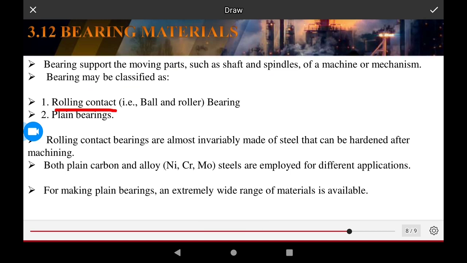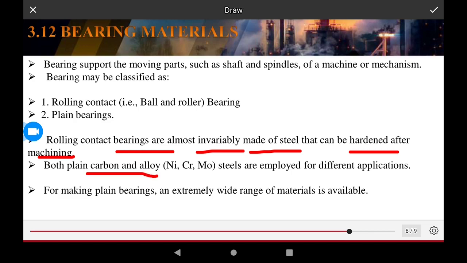Rolling contact bearings are almost invariably made of steel that can be hardened after machining.